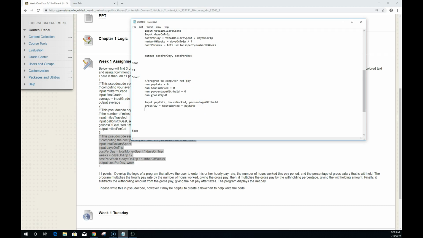So we're making $200. The next piece we have to do is multiply the gross pay by the withholding percentage, giving the withholding amount. So withholding amount is equal to gross pay times the percentage. Got it.